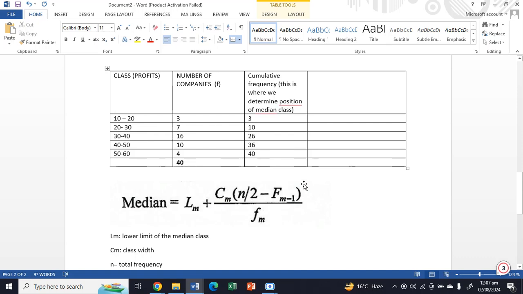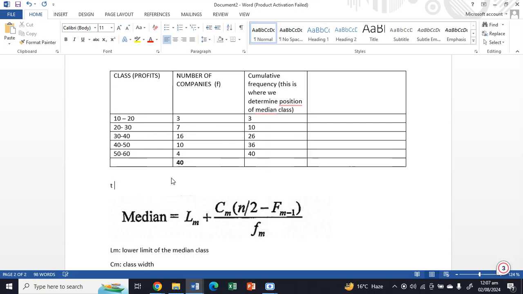So to locate the position of our median class, we're going to have to do n divided by 2.